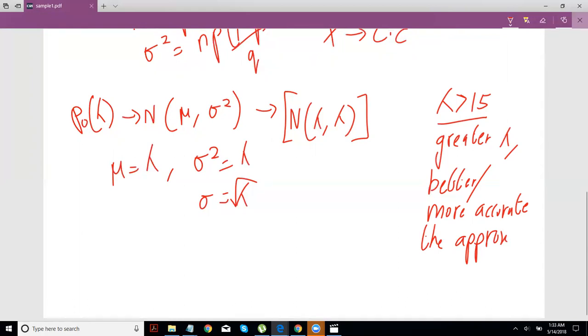But the condition here is greater than 15. And again, because you're going from a discrete to a continuous distribution, you have to apply a continuity correction, which I'll explain in a different video. But this was it for approximations.